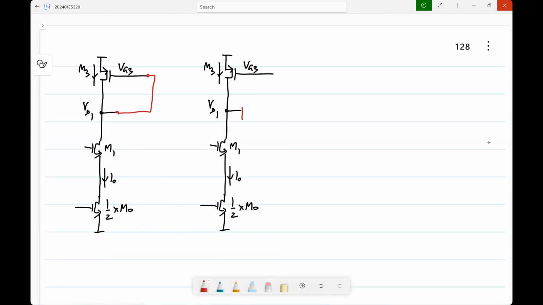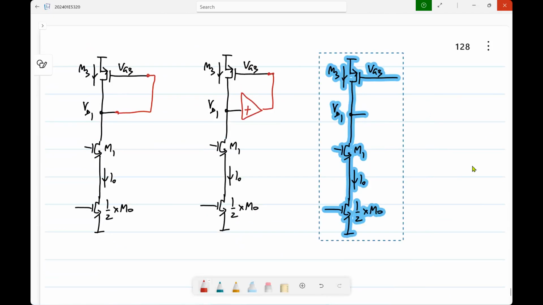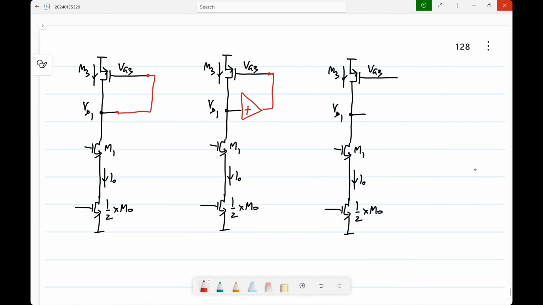What else can you do? You know that you can pass it through any stage that has a positive incremental gain, and it will work in the same way. Of course, you have to make sure that VD1 attains the right value. And if you want VD1 to be at some known fixed value, let's say 1 volt, how will you do it? You may have to do something like this.